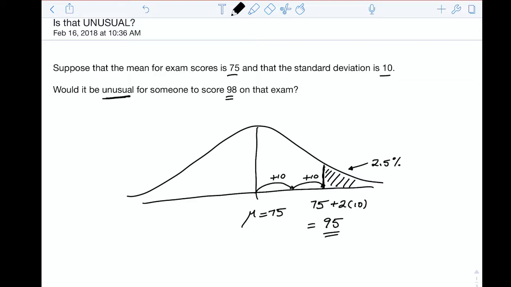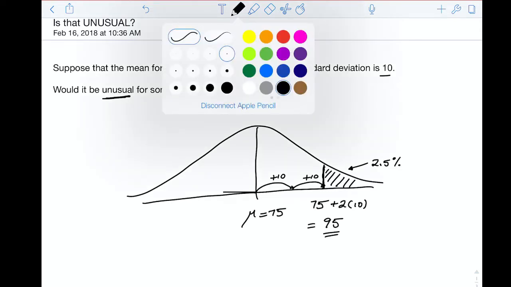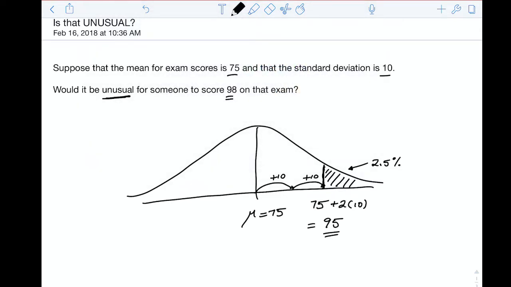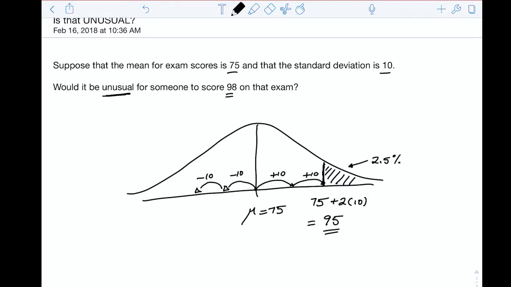But I want to show you something else. Also, you could take the mean and subtract 10, and then subtract 10 again. And then this is going to give you the cutoff for what's unusually low. So over here, there would be 2.5% of the scores, and these would be the unusually low scores.